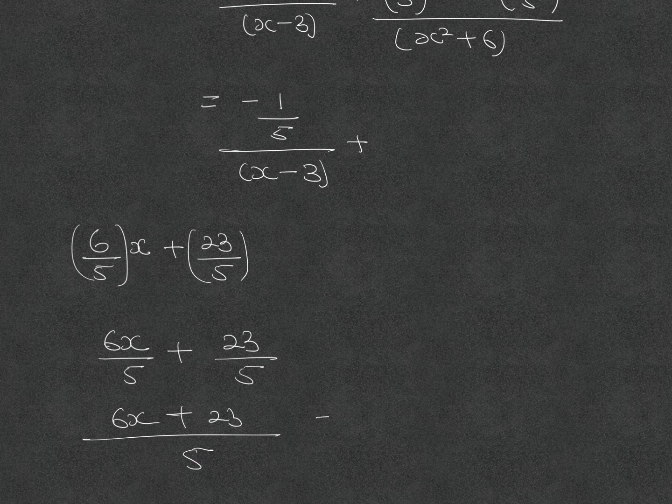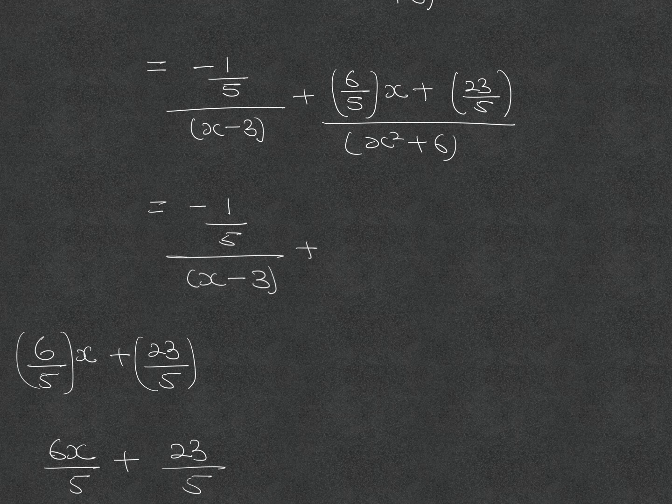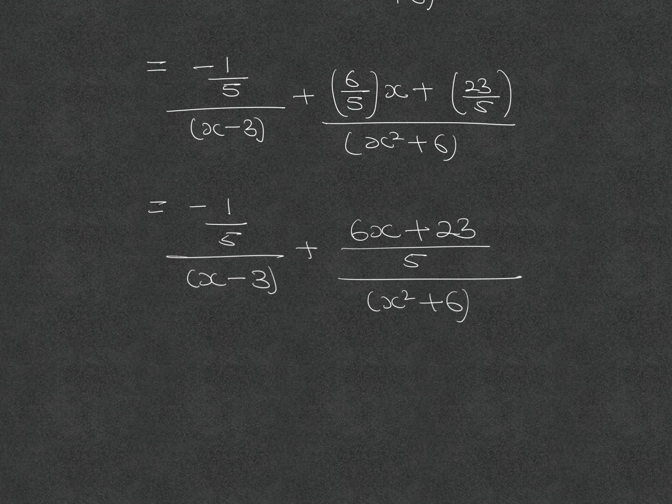So we're going to have 6x plus 23 all over 5 that we can substitute. Okay, so we will substitute 6x plus 23 over 5 instead of this expression here. So we're going to have 6x plus 23 all over 5 over x squared plus 6.